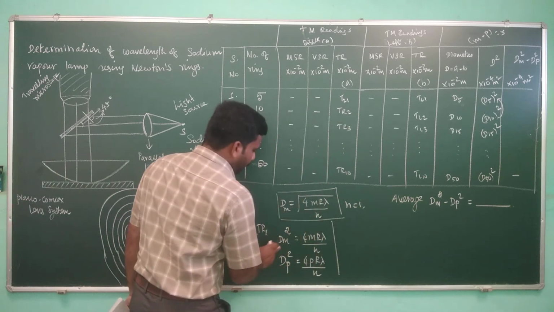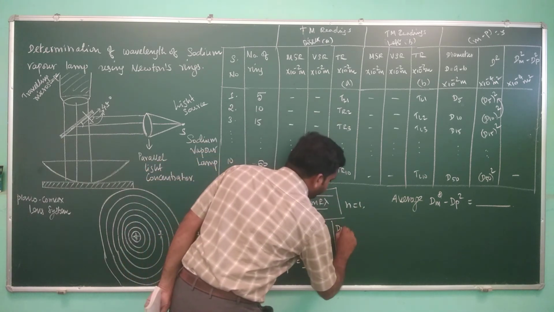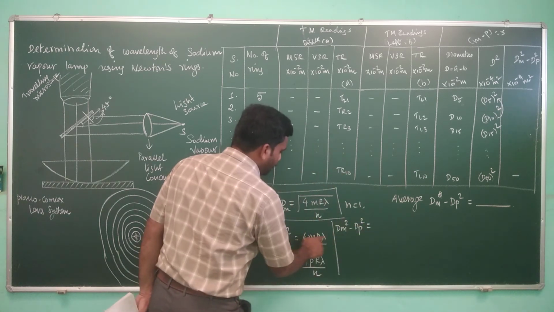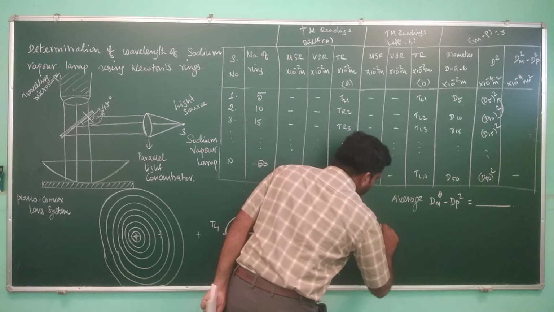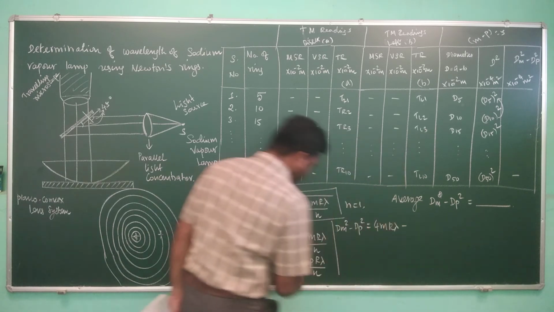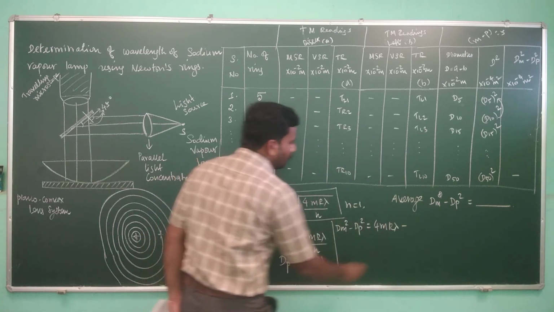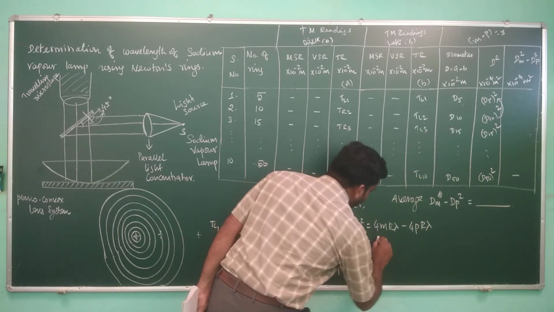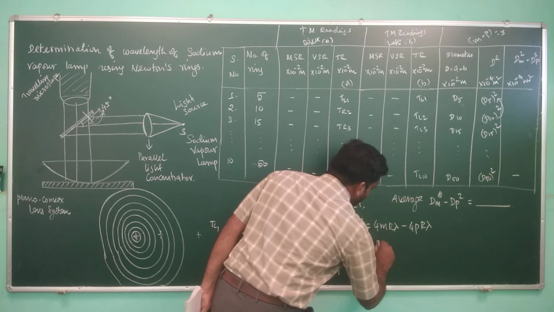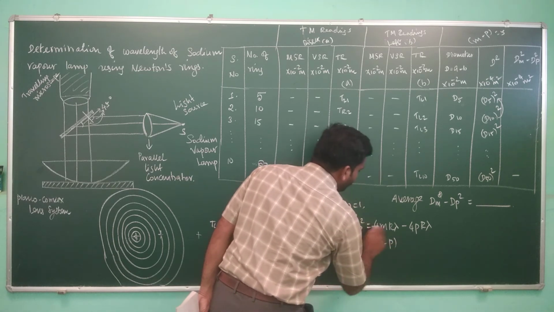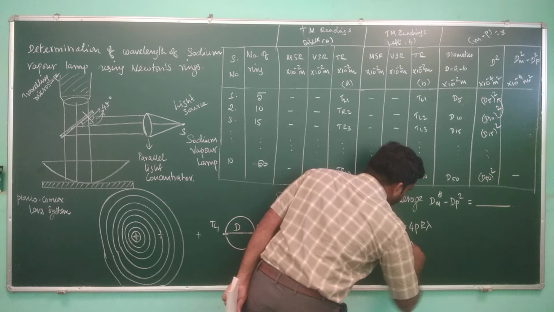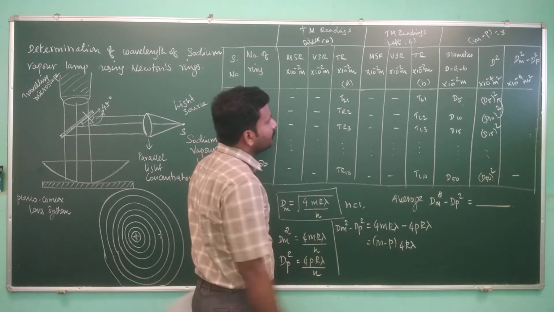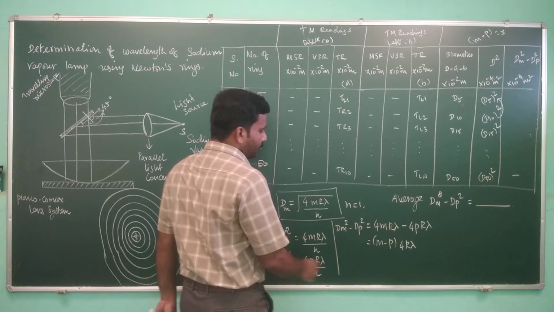Now if you write Dm square minus Dp square, you will get 4 m R lambda, n becomes 1, minus 4 p R lambda. We can take 4 R lambda common, so (m minus p) times 4 R lambda. Okay, here in this case let's put m minus p as 5, right?